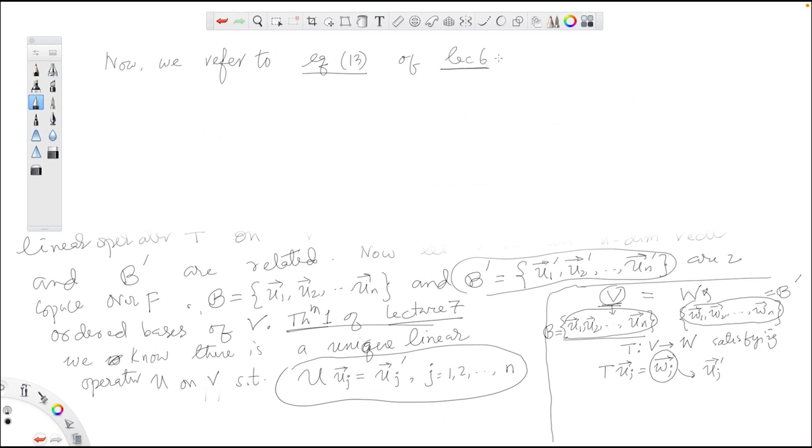Please go back to Lecture 6, equation number 13, where we discuss coordinate matrices, how for a given vector u of the vector space V, the coordinate matrix of this arbitrary vector relative to one basis is related to the coordinate matrix of the same vector relative to another basis of the vector space.